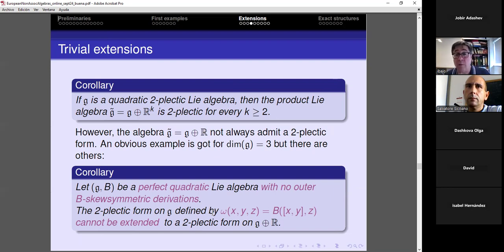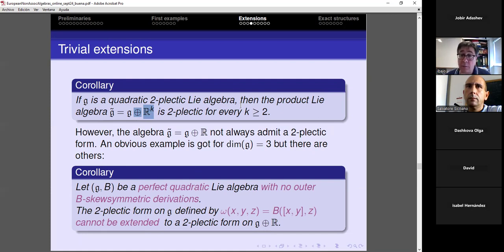But we arrived at seeing that if you have a quadratic two-plectic Lie algebra and you make a direct product with something which is at least a plane, let's say you have the direct sum with R^k with k bigger than 1, then you can always construct a two-plectic structure.